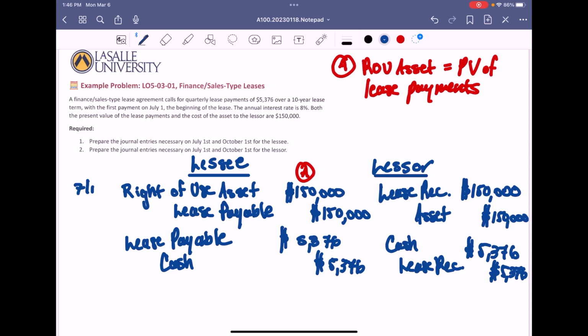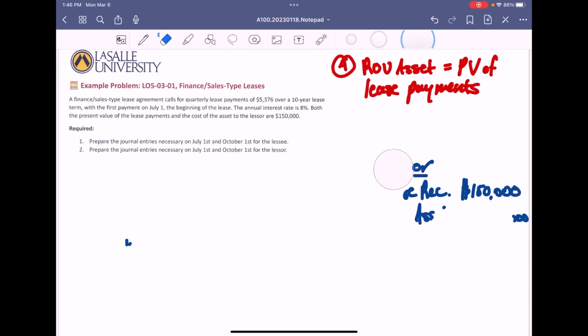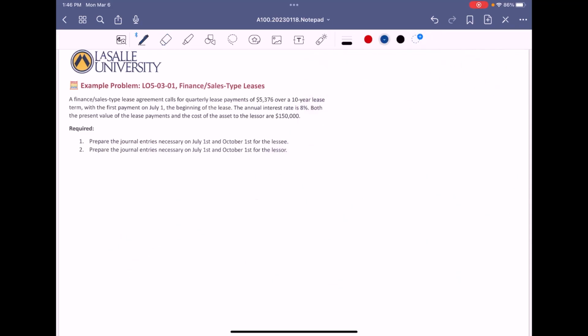So let's give ourselves some more room to write, and let's erase these entries, and let's go to October 1st. All right, October 1st, what do we do? October 1st is the next lease payment. And just like we did on July 1st for the lessee, let's write lessee over here, and lessor.